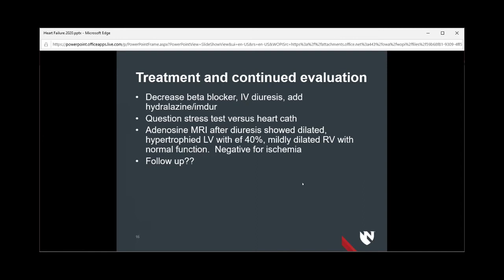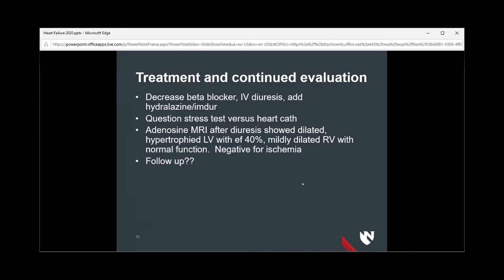He underwent an adenosine MRI after he was diuresed, and this showed a hypertrophied left ventricle with EF improved to 40%, mildly dilated RV with normal function. It was negative for ischemia. After diuresing him, his ejection fraction improved, and looking at his MRI, it was felt that he likely had a hypertensive cardiomyopathy and had long-standing untreated hypertension.